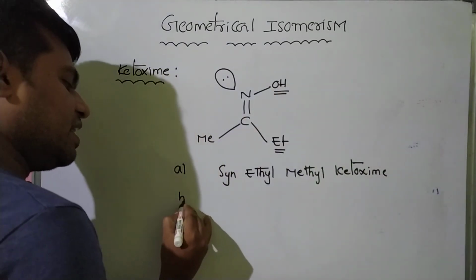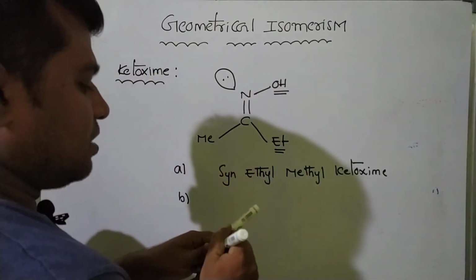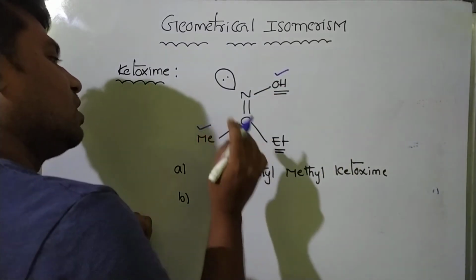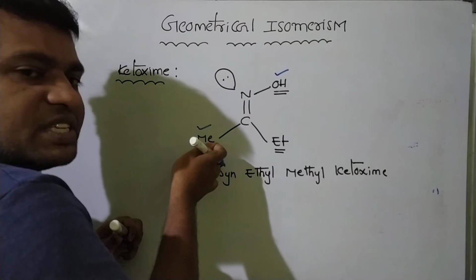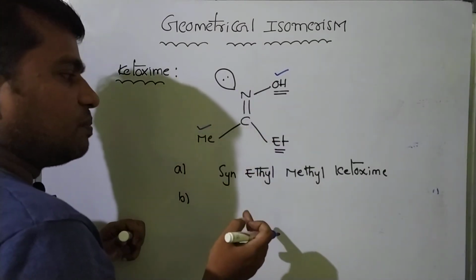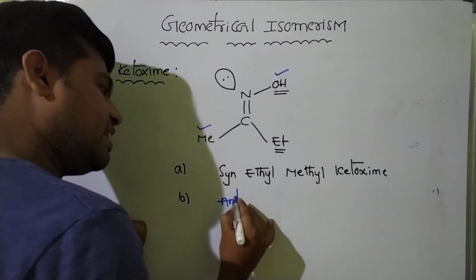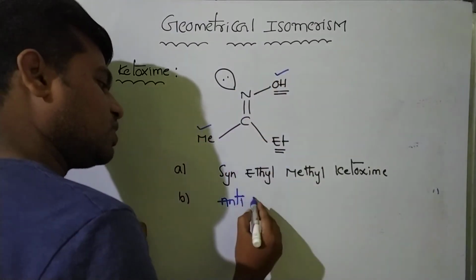Now the second name: suppose we consider this group and this group. Now this group and this group are opposite, meaning anti to each other with respect to this carbon nitrogen double bond. So the name is anti methyl. Why? Because this methyl is anti to this OH.